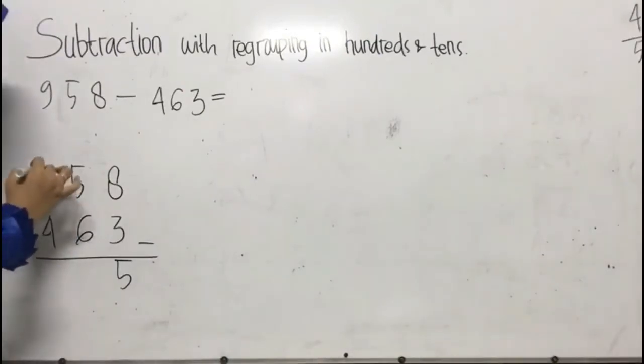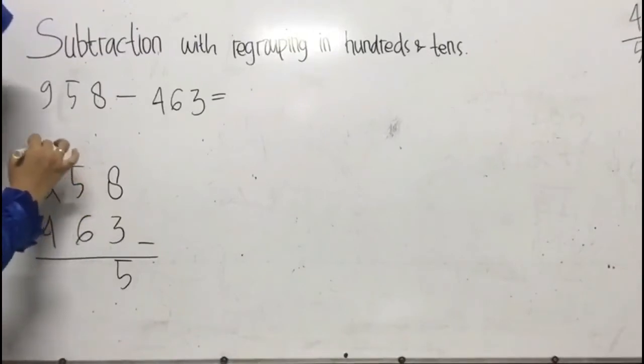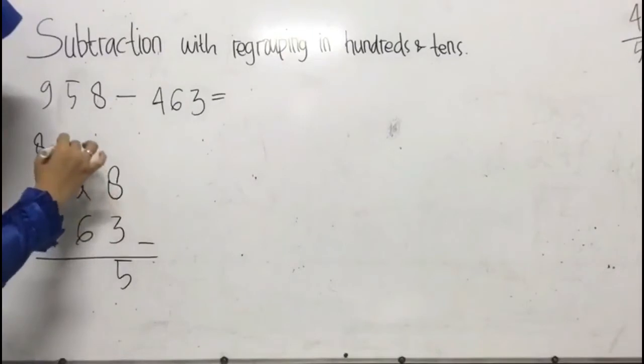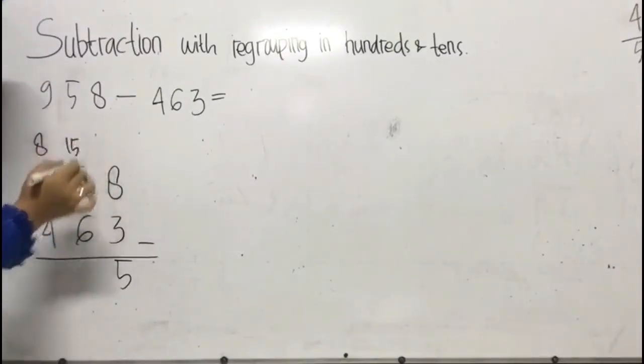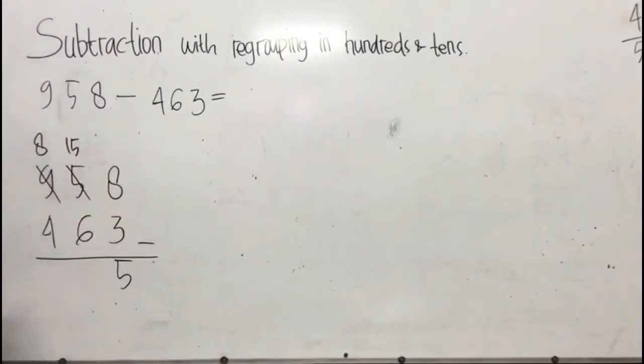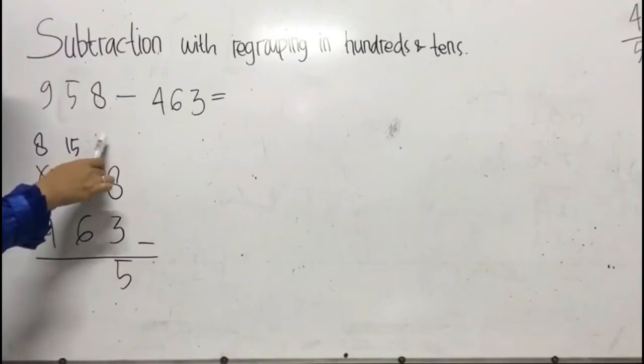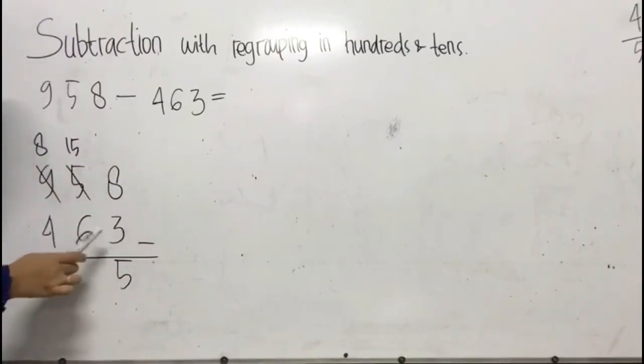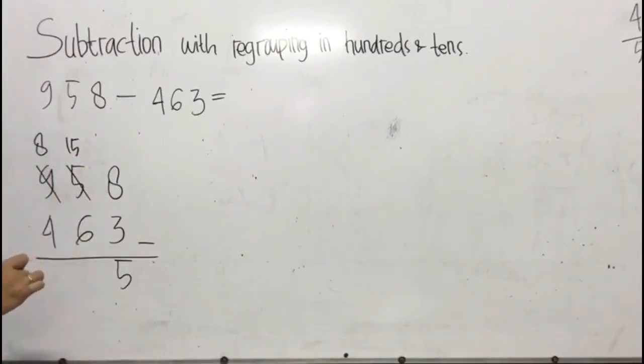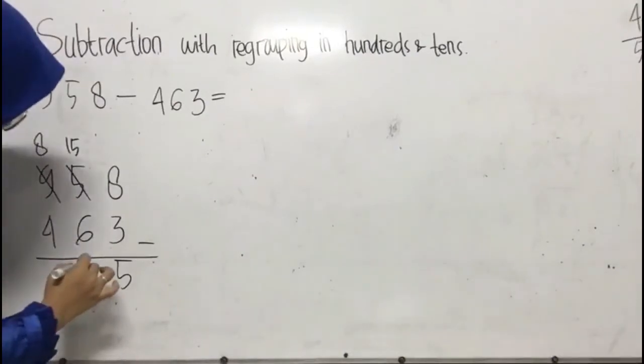Now we have 815 tenths. Okay sayang. Next, subtract the tenths. 15 tenths minus 6 tenths equals, yes, 9.